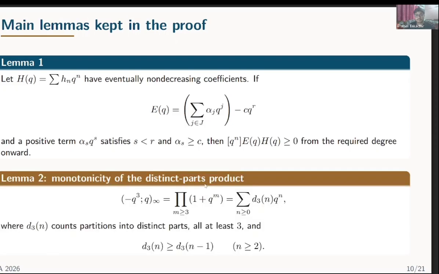Lemma 2 gives exactly the monotonicity input we need. The product of (1 plus q to the power m) for m at least 3 is the generating function for partitions into distinct parts all at least 3, and its coefficient d_3(n) satisfies d_3(n) is at least d_3(n minus 1) for n at least 2.